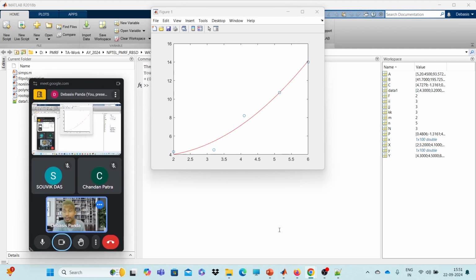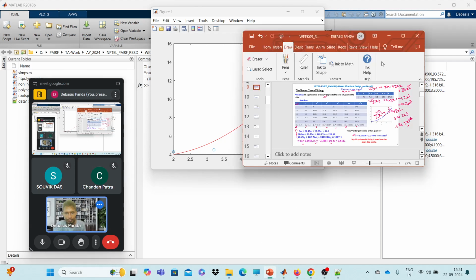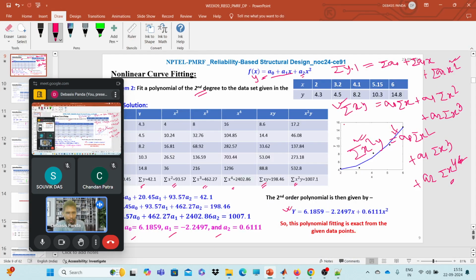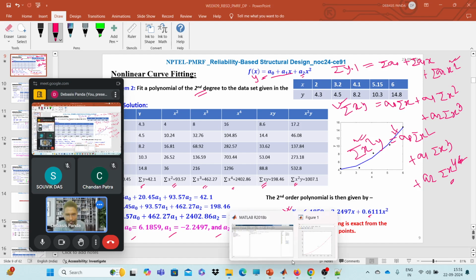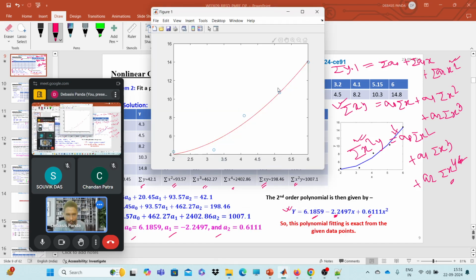Now let's check whether the PPT and these results are the same or not. Here we can see the polynomial: a naught value is 6.18, a1 is 2.2 and 0.6, and this is the fit. Let's check our results. Yeah, the fit is almost close.